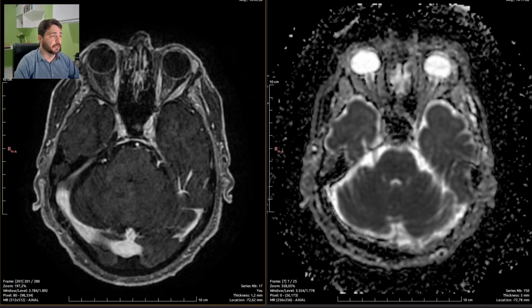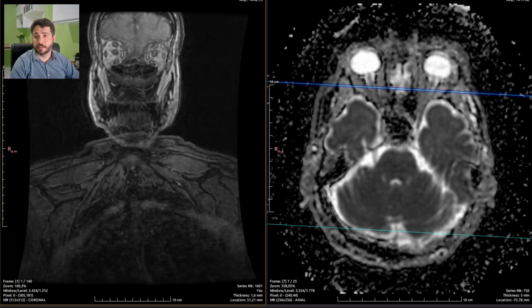So let's finish and sign it and go for the angiogram. So it is a cervical angiogram, arterial. Here it is.